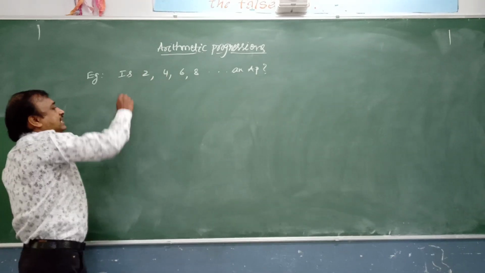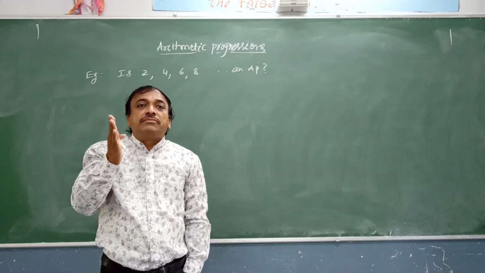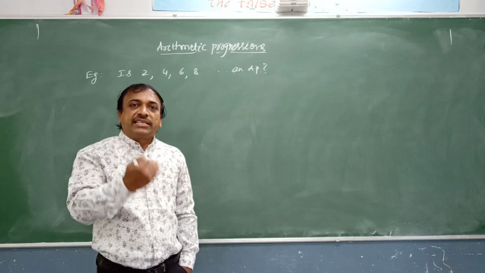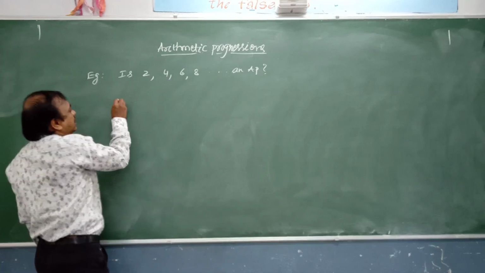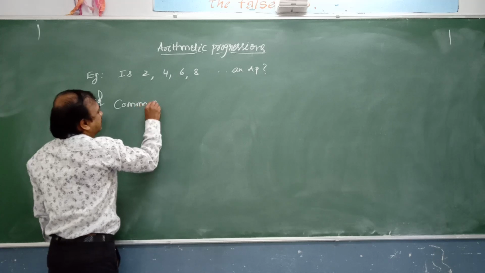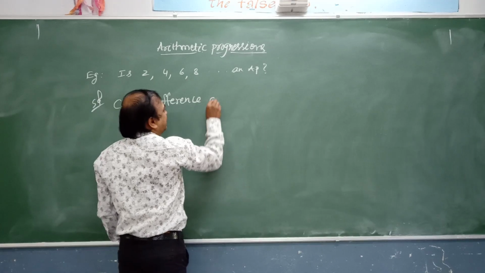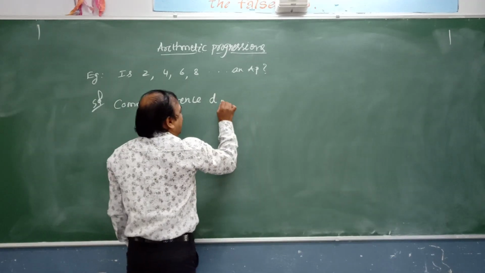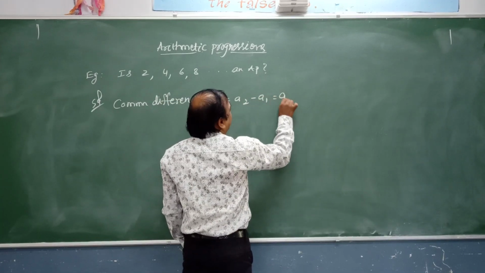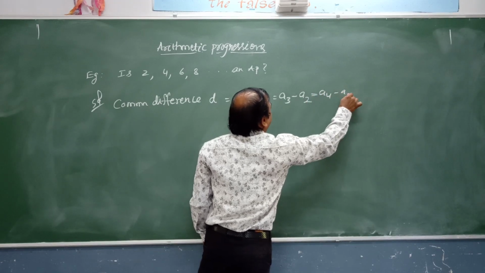When you are writing, the common difference is the difference of successive terms, that is, second term minus first term. The common difference is denoted by D. D can be A2 minus A1, or A3 minus A2, or A4 minus A3.